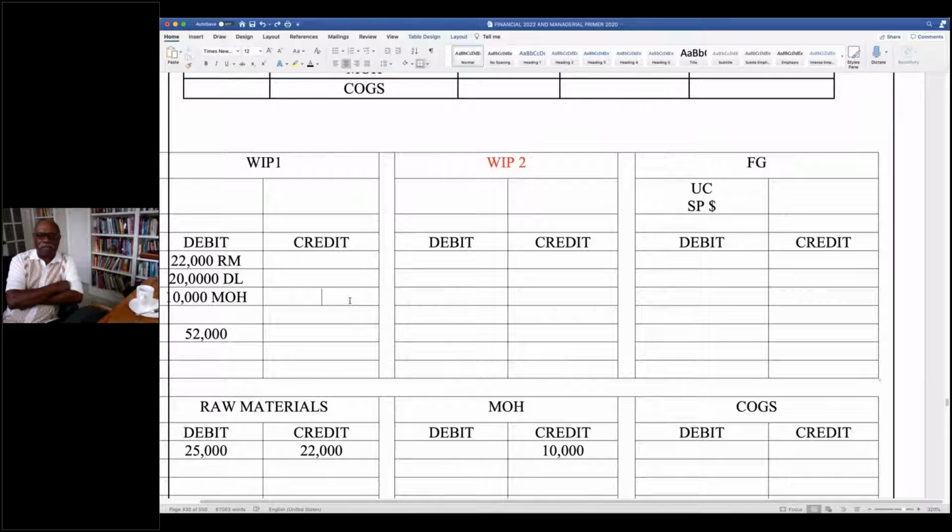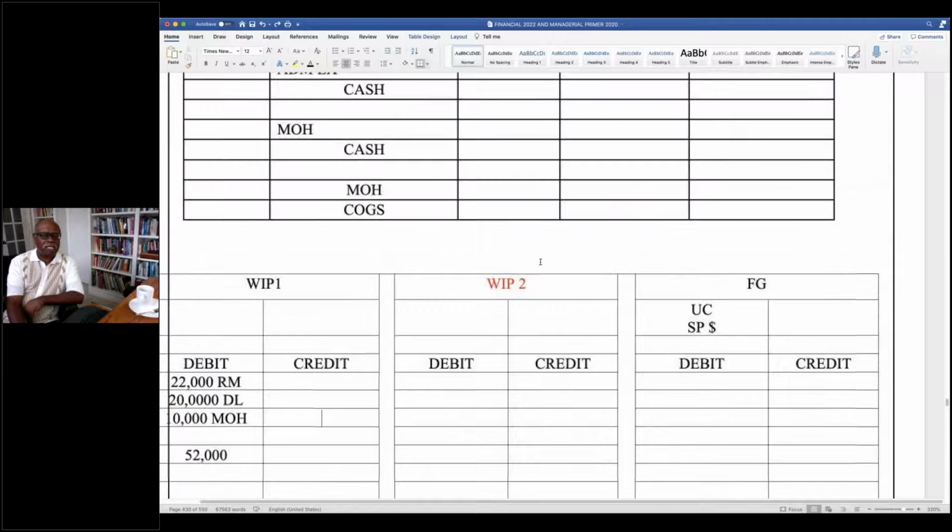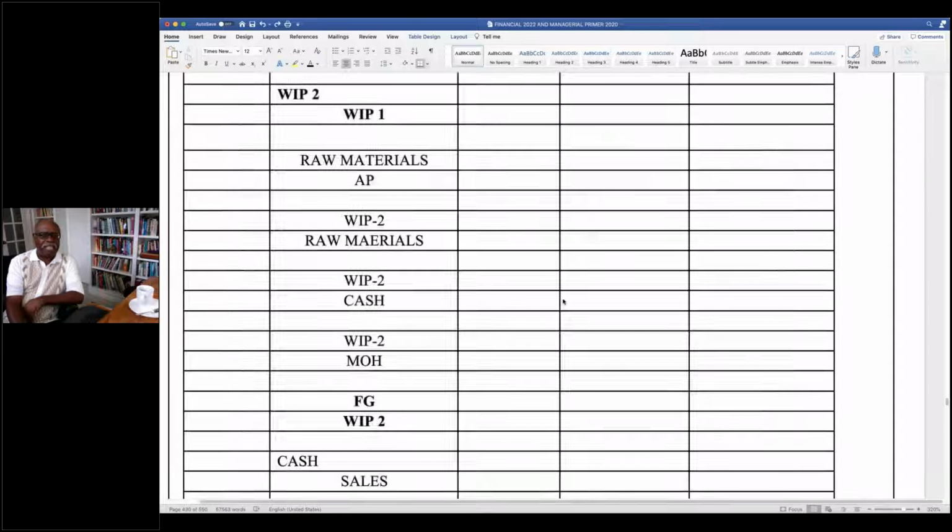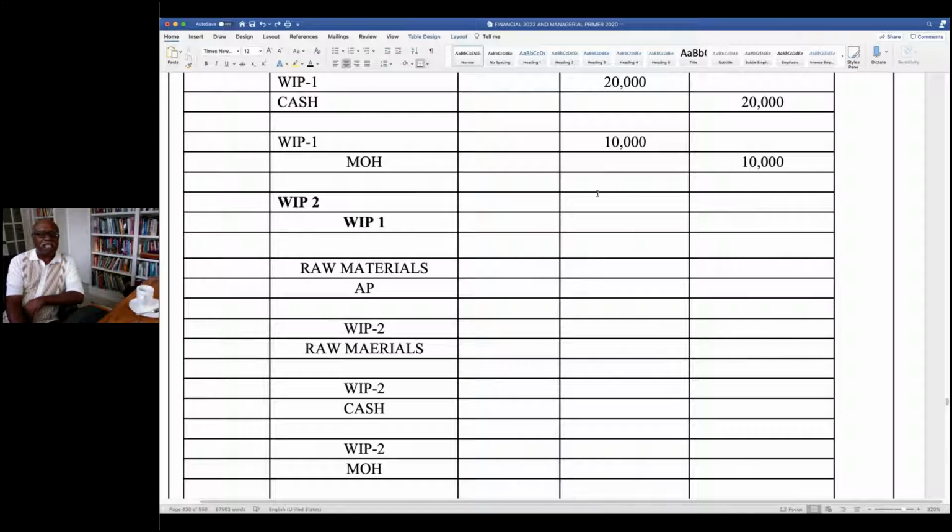So how much did this cost? Brady was moving on right well, but how much of this 52,000 are we gonna transfer from work in process 1 to work in process 2? That is the $100,000 question, which you have to do on your next exam.